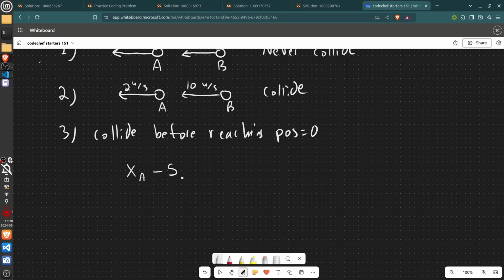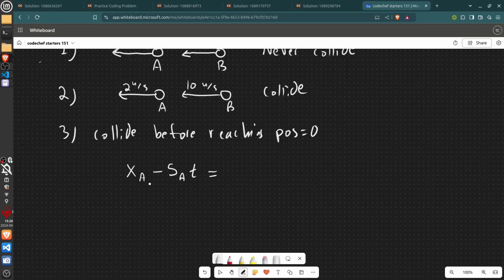Let's call that S. And it's going to take some time, right? So what I want to know is, this is equal to position X, the initial position, plus, but the speed is negative, so I just do minus, minus the speed times the time. That's the position it'll be at each instance of time.